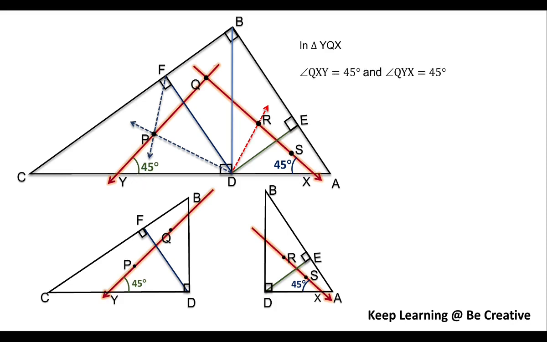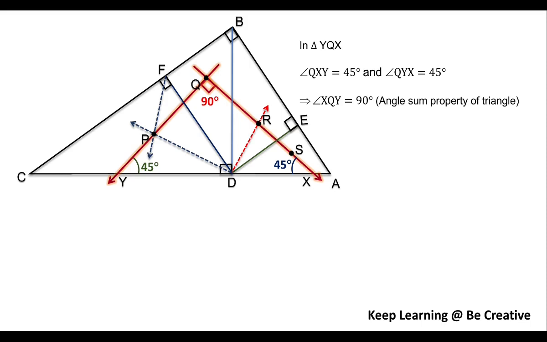So by applying the angle sum property, we have the value of angle XQY as 90 degrees, since these two angles are 45 and sum up to 90 degrees, and since the three angles of this triangle sum to 180 degrees, angle Q has to be 90 degrees. Now we have angle YQX as 90 degrees.